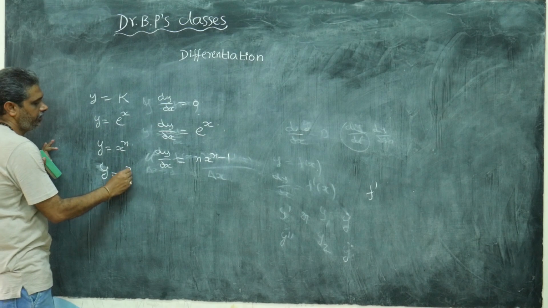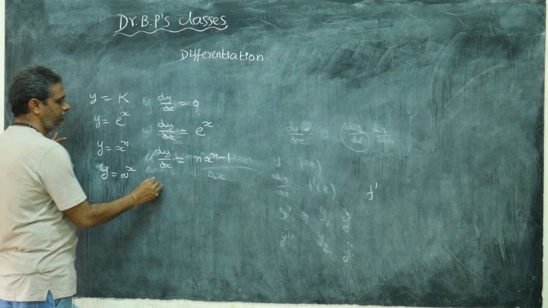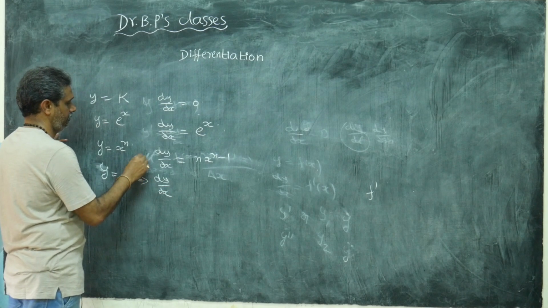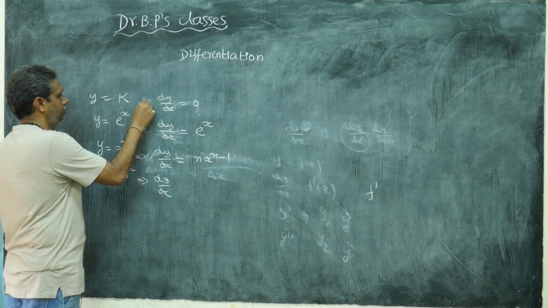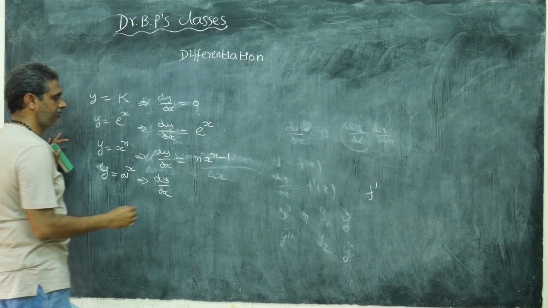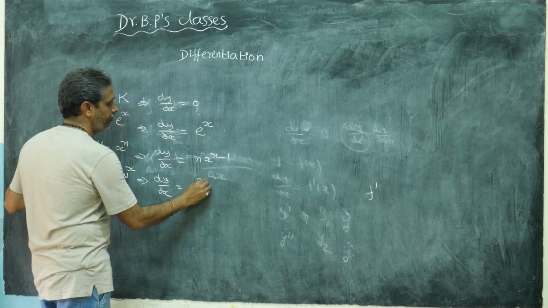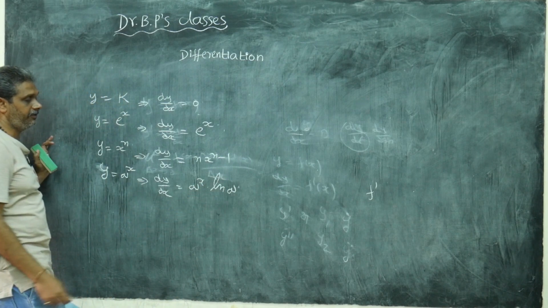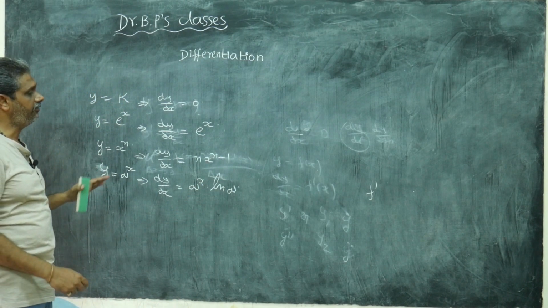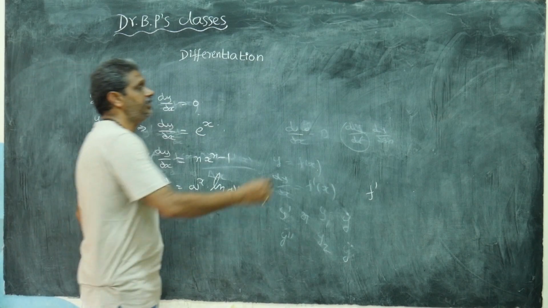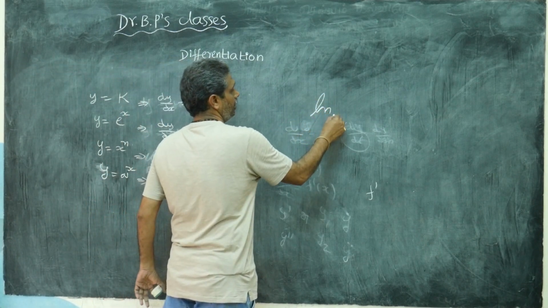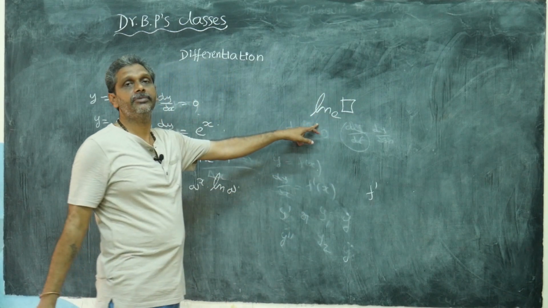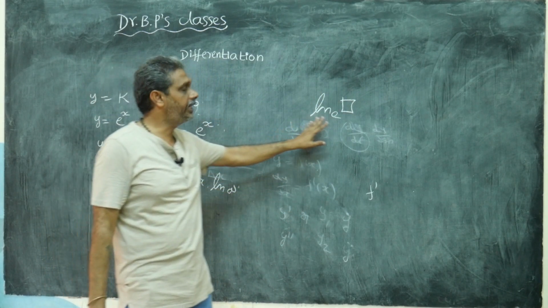Then y is equal to a to the power of x, then dy by dx is a to the power of x into log e a. One thing you can remember throughout your life: in differentiation and integration I will use logarithm base e only, the natural logarithm.